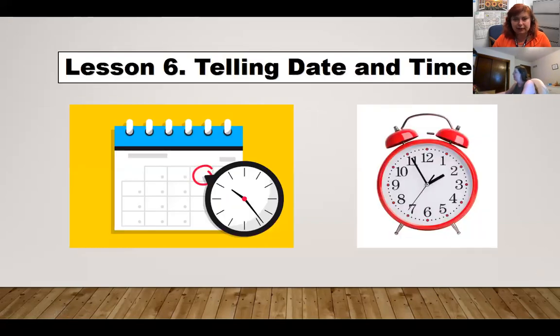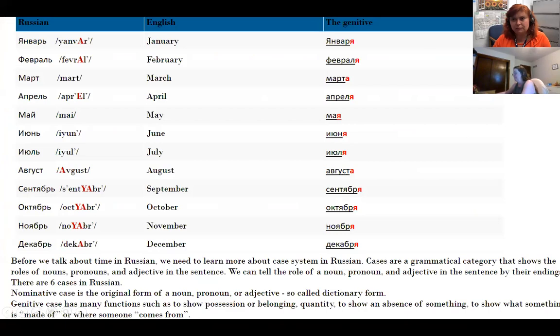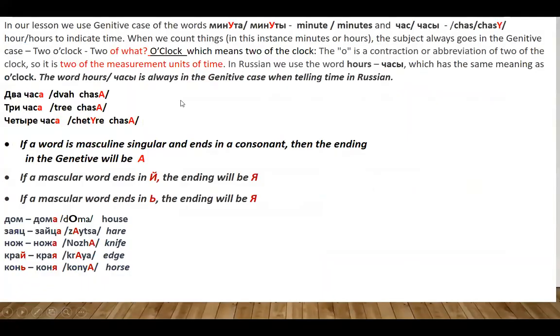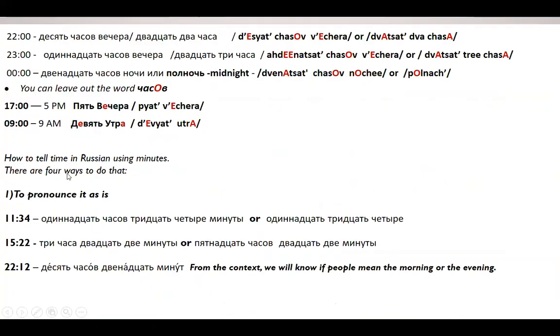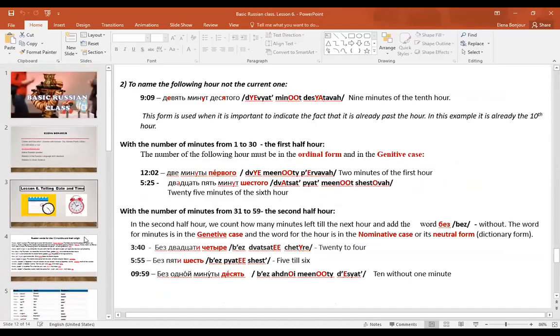Lesson 6, telling date and time. Okay, let's start from the beginning.